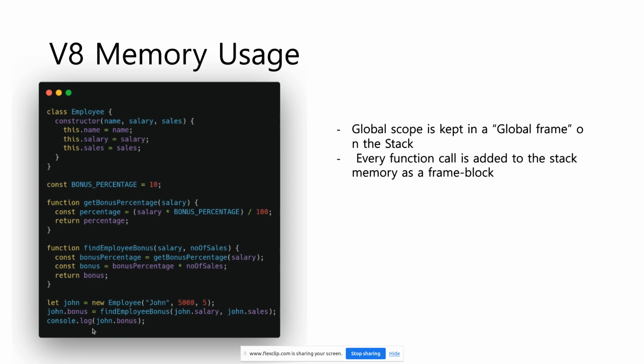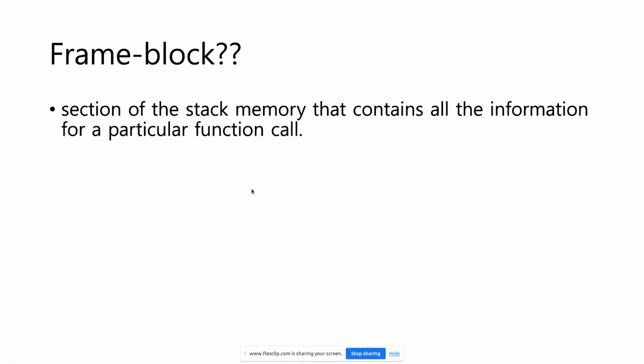If there's a function frame, in this function frame there should be some params, local variables, and other information. So each call also has a frame block, and it is added on the stack memory.